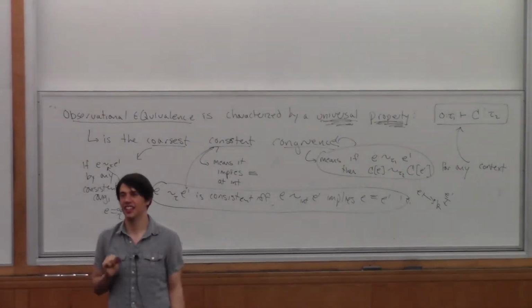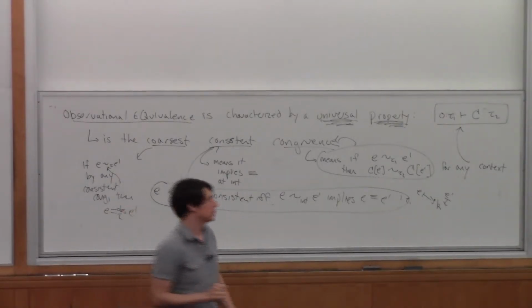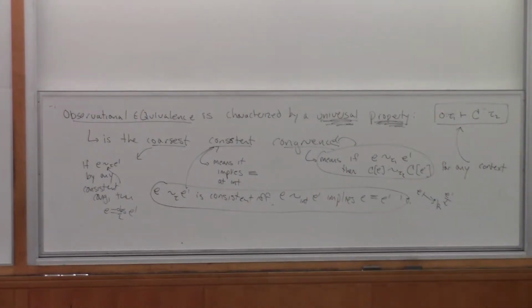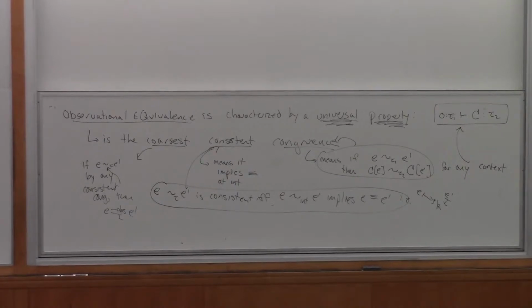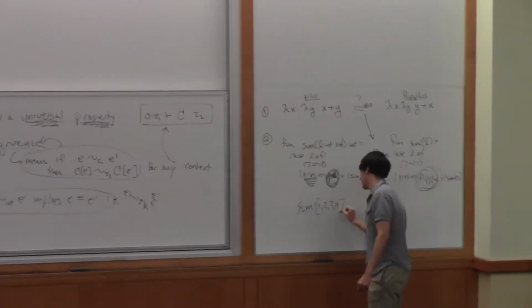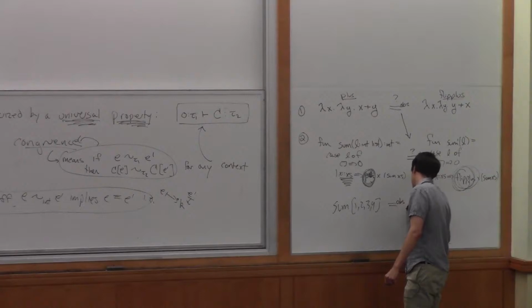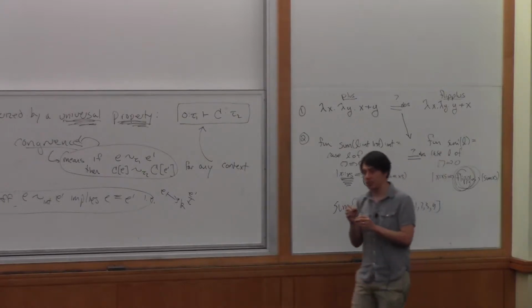Well, also are these ideas of consistent and congruence going to be useful outside of observational equality? Yeah. Well, it's exactly this principle, right? So consistent congruence is saying that we can lift things. And then consistent says, for example, that suppose I have that the sum of the list 1, 2, 3, 4 is observationally equal to sum prime of the list 1, 2, 3, 4, right? So when do you use consistency?